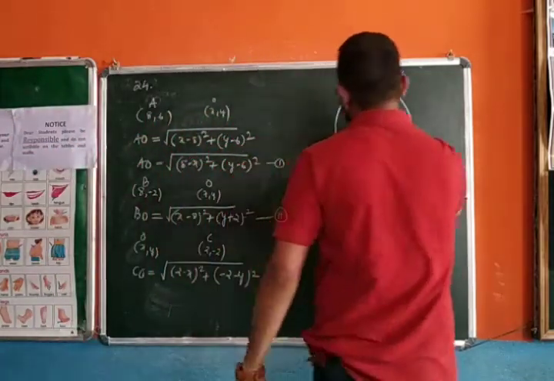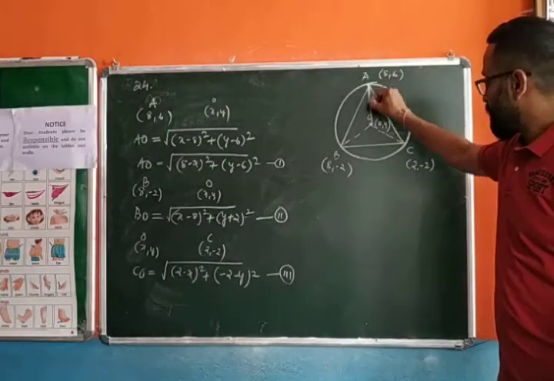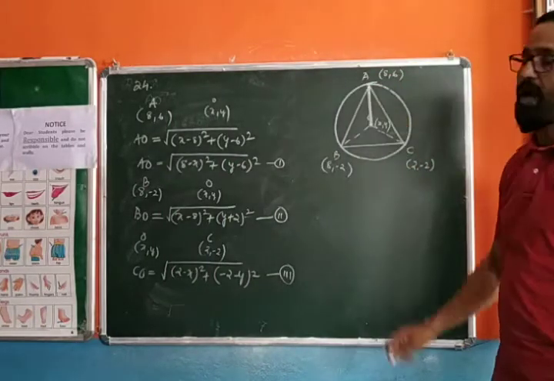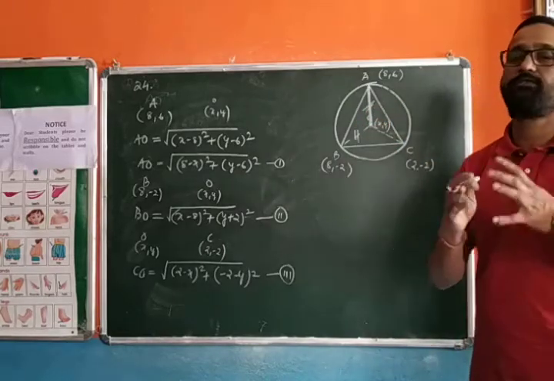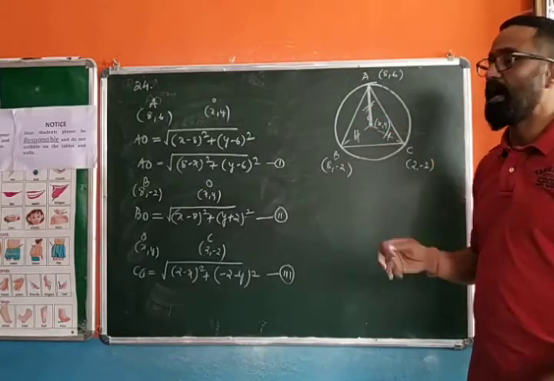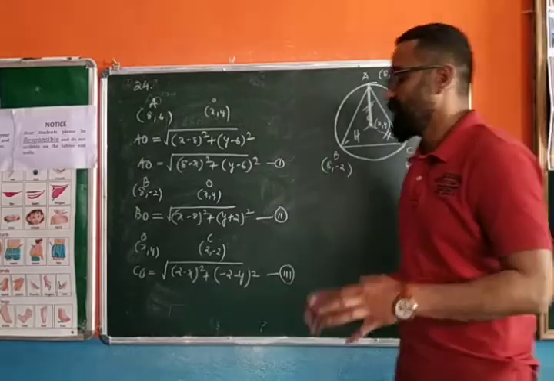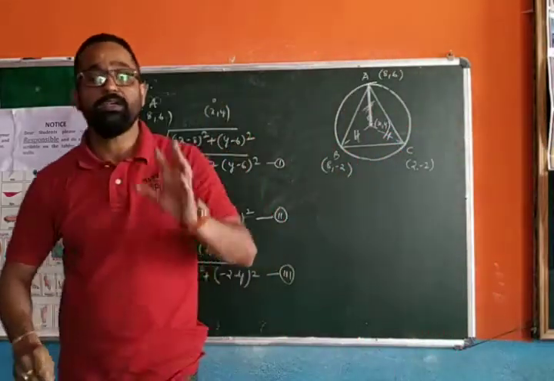Since it is the circumcenter, this length is known as the radius, and the radius always remains fixed. These three are called radii. Radii of the circle are always equal.